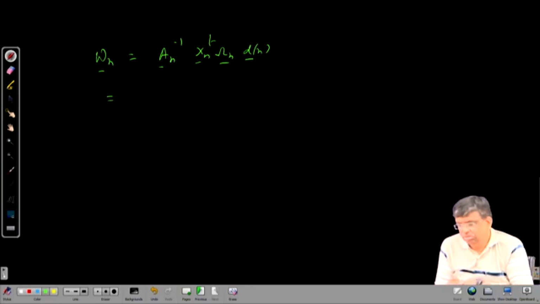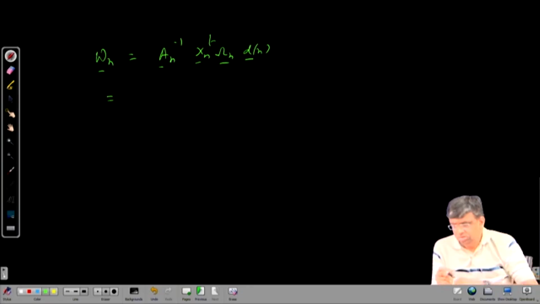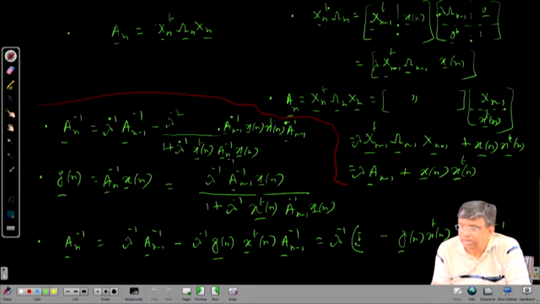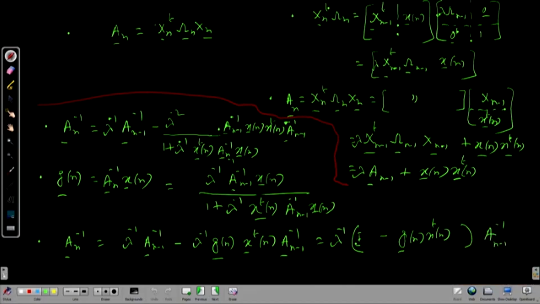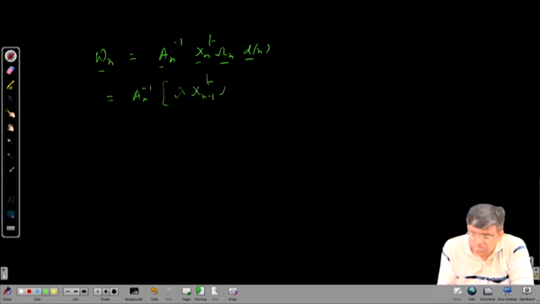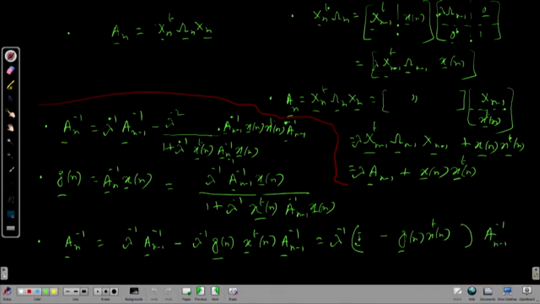Now A n inverse, this we have seen. x n transpose lambda n is this: lambda x n minus 1 transpose lambda n minus 1 and then x n.